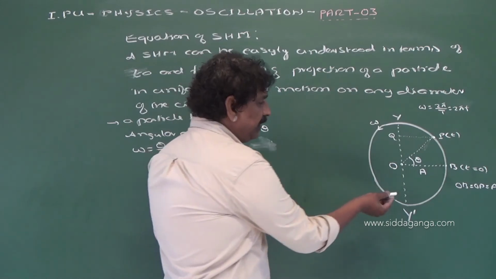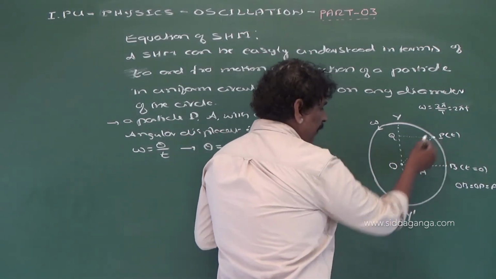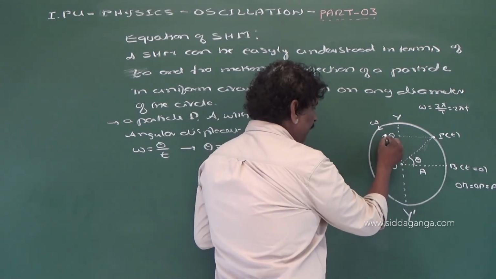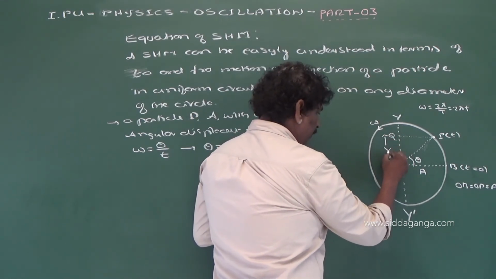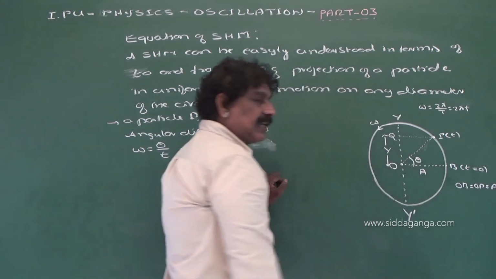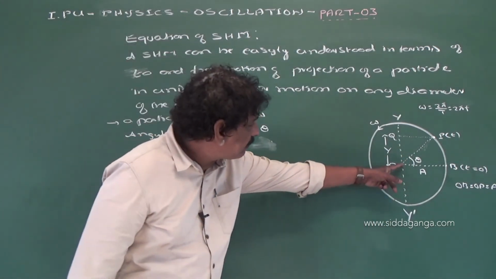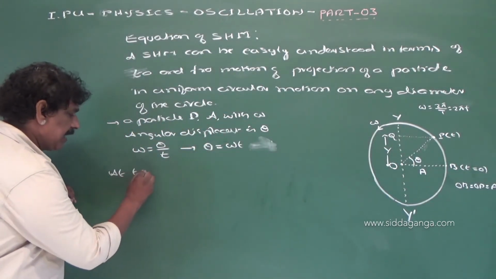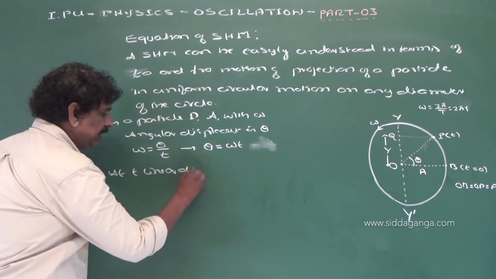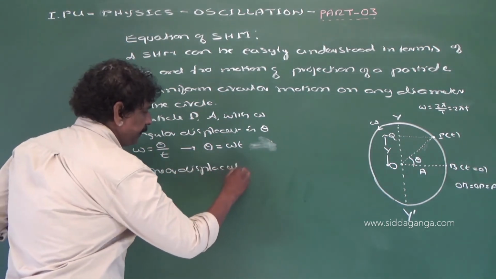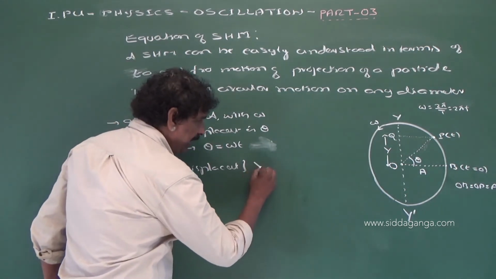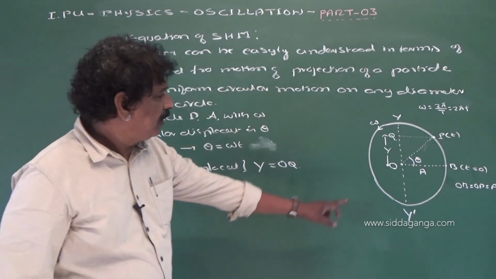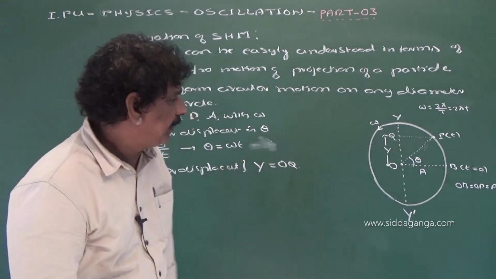Here, when the particle moves from B to P, the foot of the perpendicular moves from O to Q, executing a linear displacement OQ. Therefore, at time t, linear displacement y is equal to OQ.